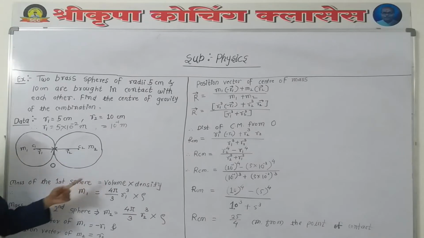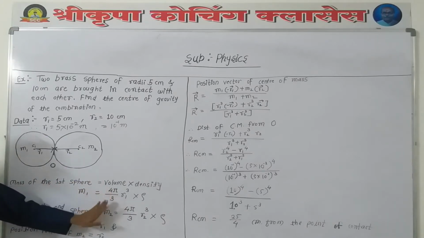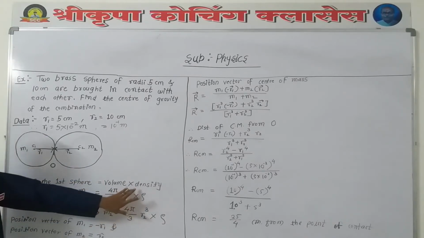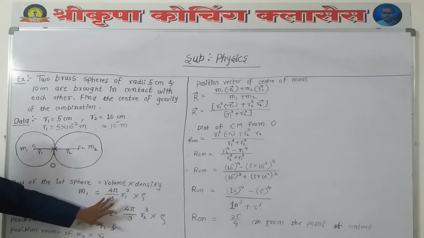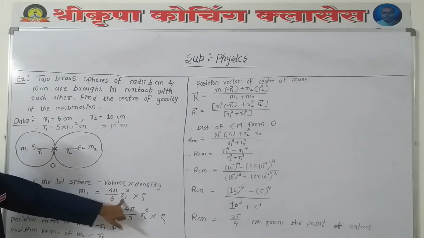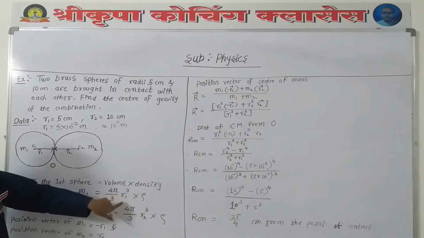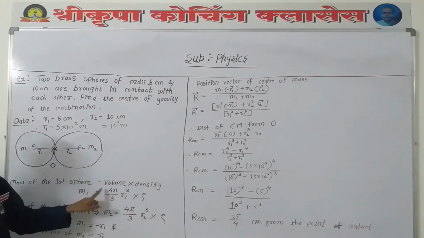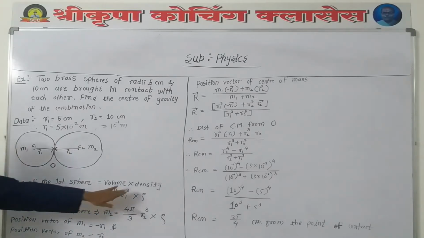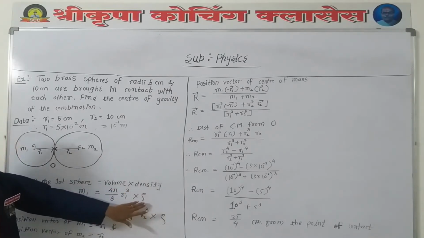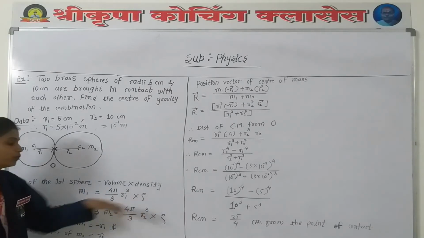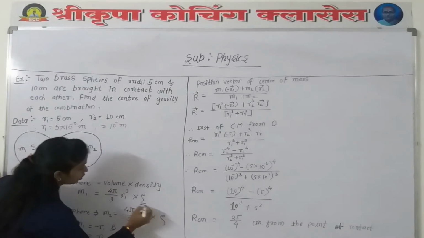Volume of the sphere is 4 pi by 3 into R1 cube, where R1 is the radius of the first sphere, and density is denoted by rho.